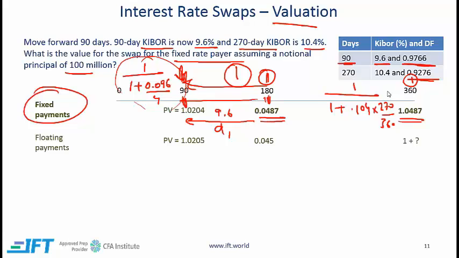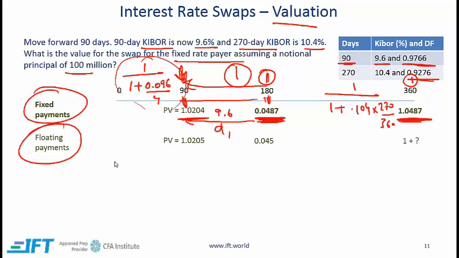When you do this calculation, you should get D2 equal to 0.9276. So the present value of 1.0204 is D1 times this number plus D2 times this number.